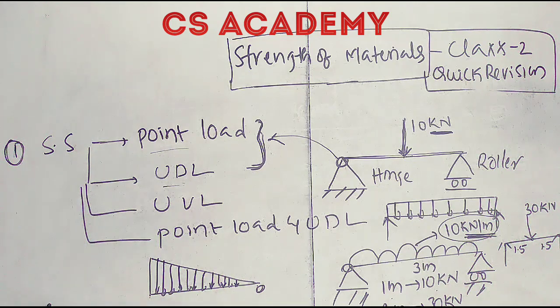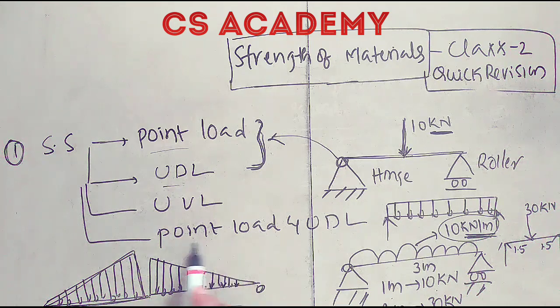You can represent it in this manner or in the other manner, left to right or right to left, bottom to top or top to bottom. There is no problem, but uniformly varying load means the load varies uniformly from one end to the other.